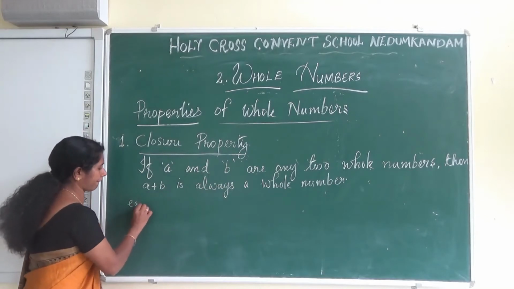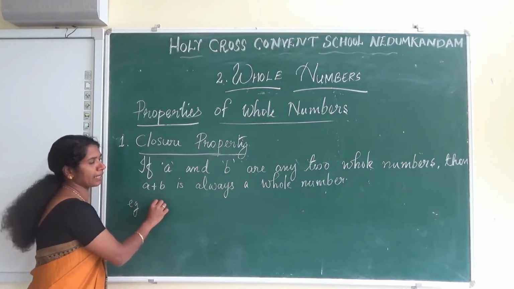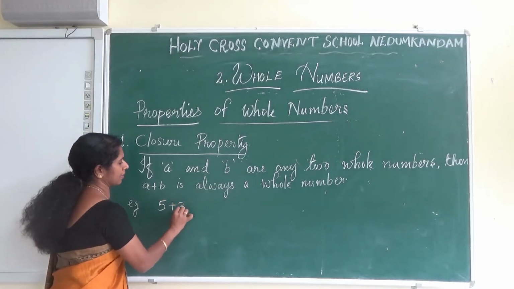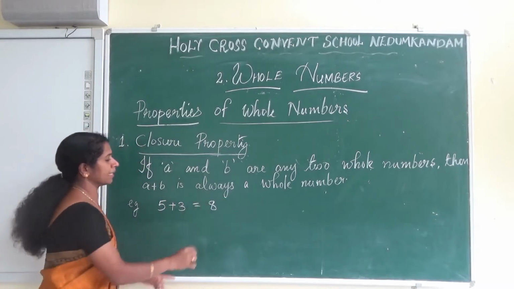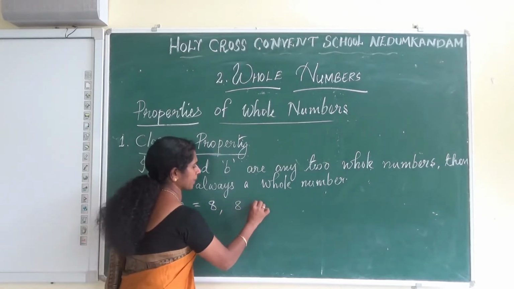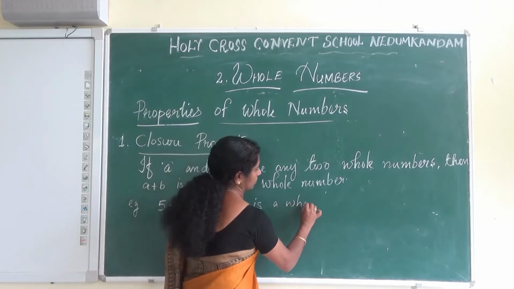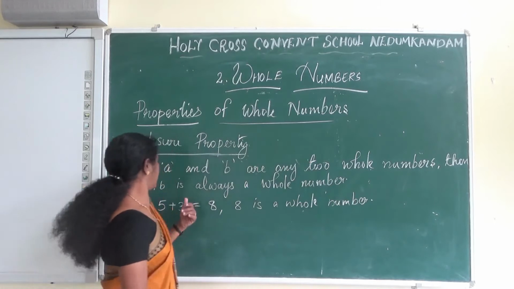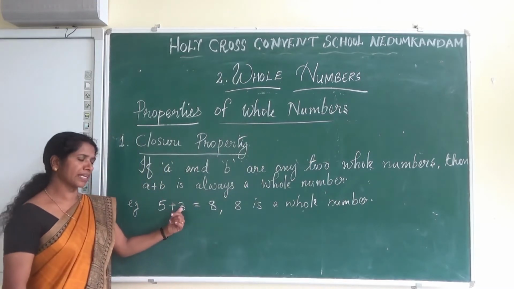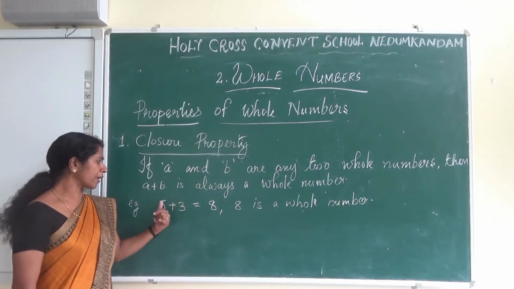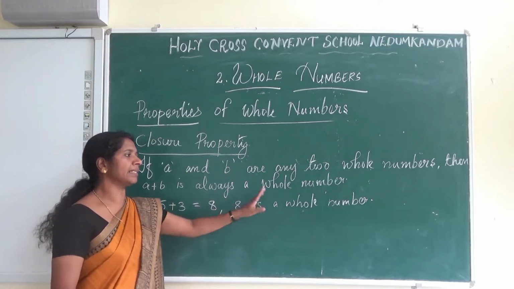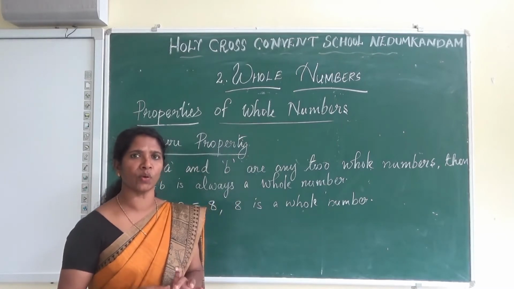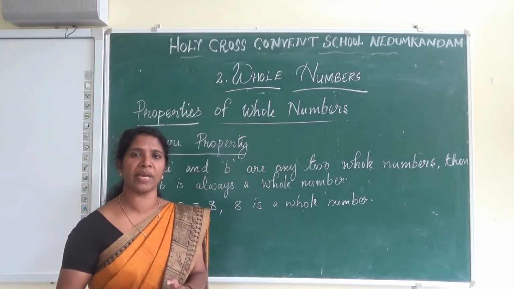Example, if 5 and 3 are two whole numbers, then 5 plus 3 is 8, and 8 is a whole number. The meaning is when we add any two whole numbers, the answer also will be a whole number.